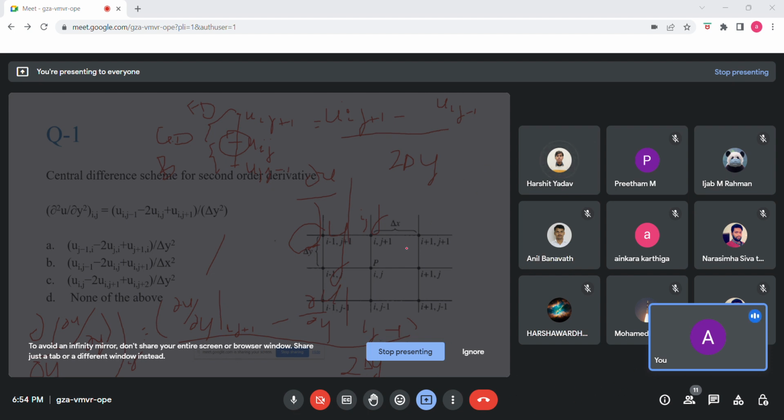Okay. So if we substitute the central difference value for dou u by dou y at i j plus 1 and the central difference value of dou u by dou y at i j minus 1, we'll be getting a formula similar to this, 2 delta y, and at the bottom again 2 delta y will be there.